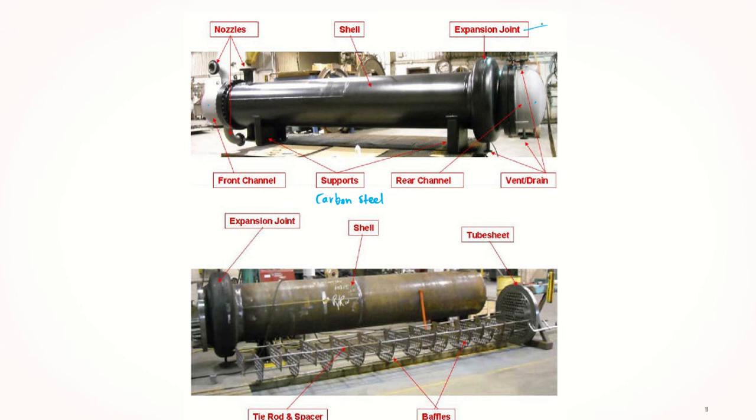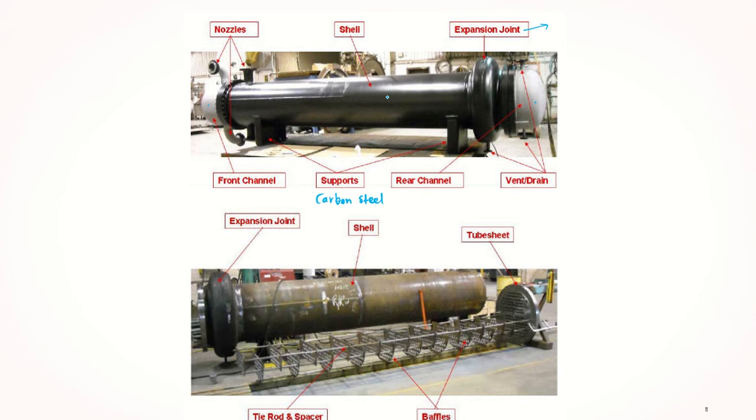Expansion joint is usually used if we have different values of the thermal expansion parameter, beta, or for example if we have different values of the density when that particular fluid is in liquid form and when it's in gas form.